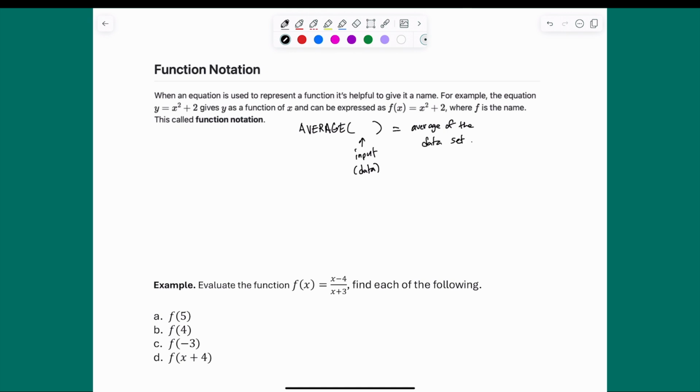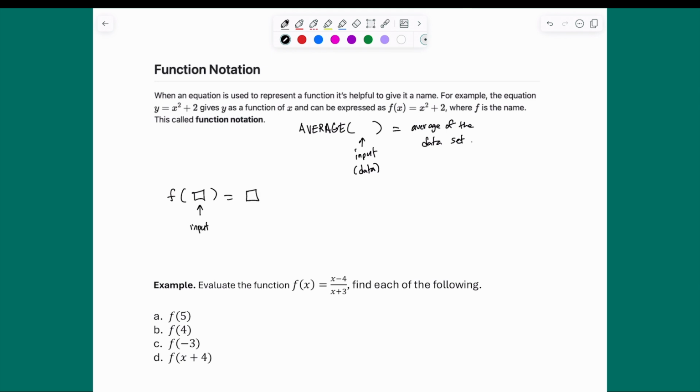Okay. Likewise, in math, our names aren't so descriptive usually. We usually use a letter like f or g or h. But the idea, like for instance, this function here, f of x equals x squared plus 2, we think of that as we input some value and we get some output out.